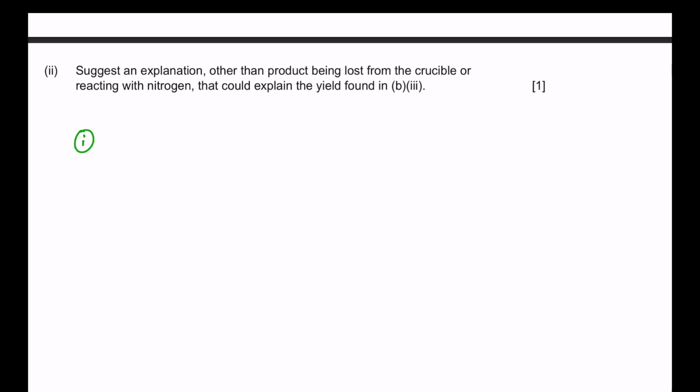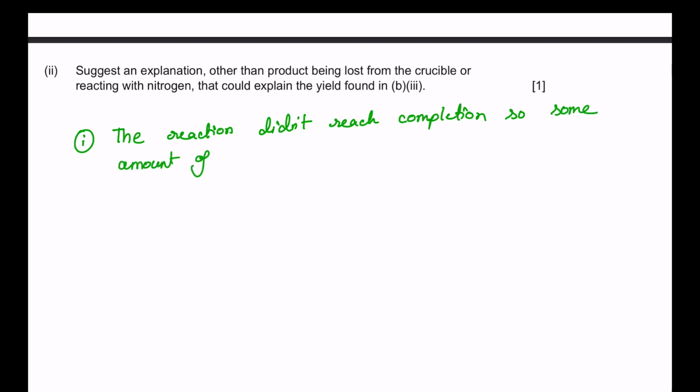So there can be these two simple reasons. The first one is the reaction didn't reach completion, so some amount of Mg remained unreacted.